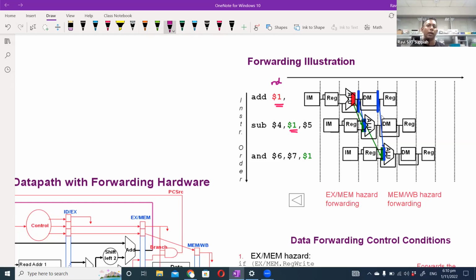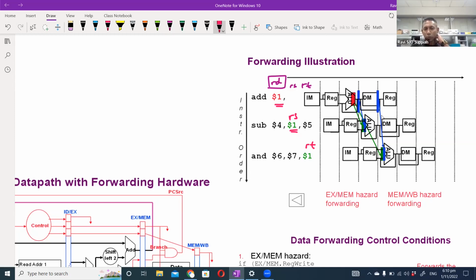Of course, you have immediate and other fields, but I'm just going to show you one example so as not to overcomplicate things. Assuming this is an R-type instruction, it has RS, RT, and RD. My destination register is RD, and if the next two instructions are like this, that means it is either RS or RT.